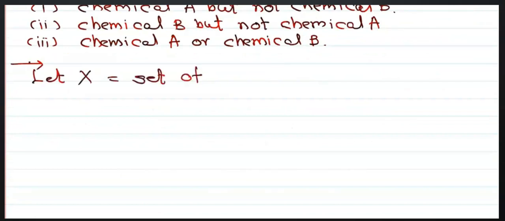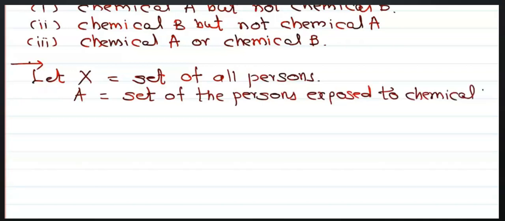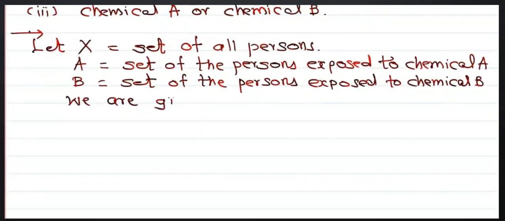Let X be the set of all persons, A the set of persons exposed to chemical A, and B the set of persons exposed to chemical B. Now we will write all this.